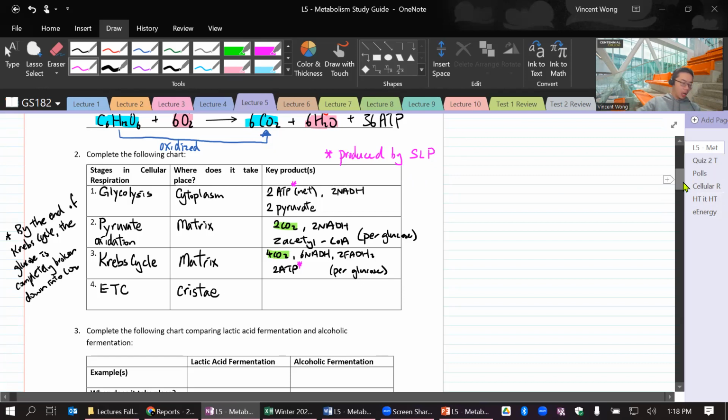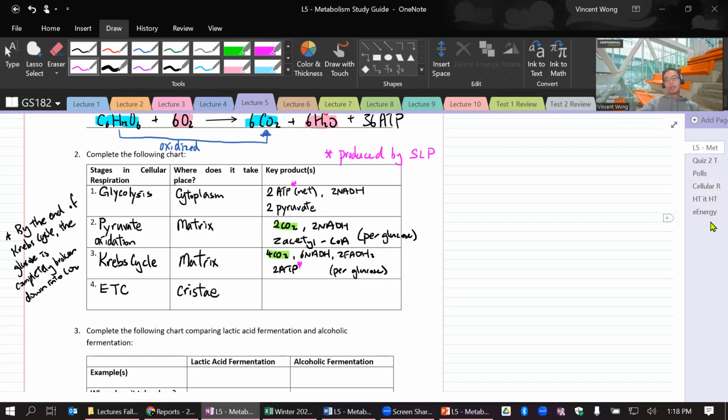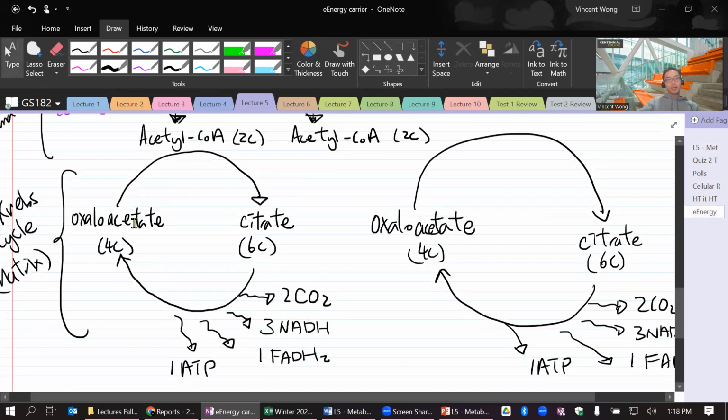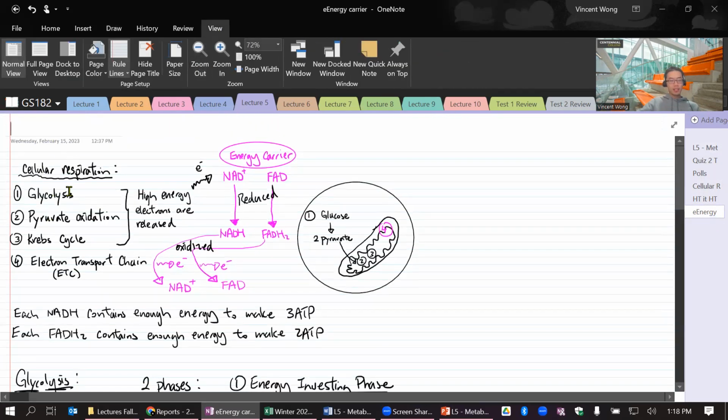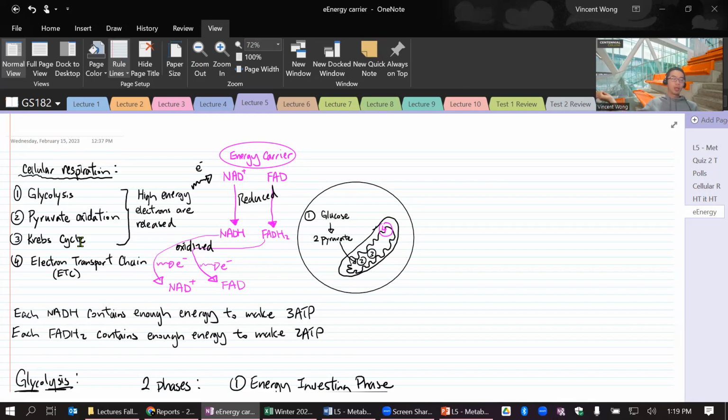All right, so let's pause for a moment. Let's recap what we know so far. We know cellular respiration is separated into all these steps, right? 1, 2, 3. And I've been telling you, during these 3 steps, we are removing electrons from the molecules, from glucose, and those electrons are full of energy. So we want to capture them. You have 2 ways of capturing them.